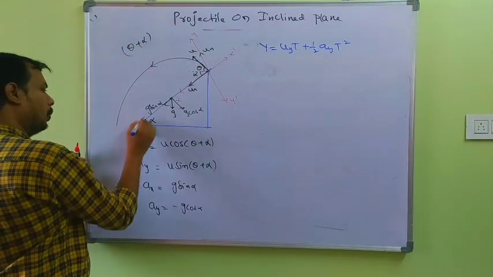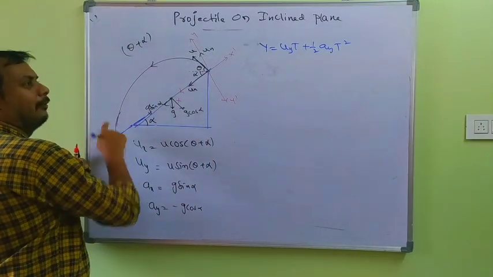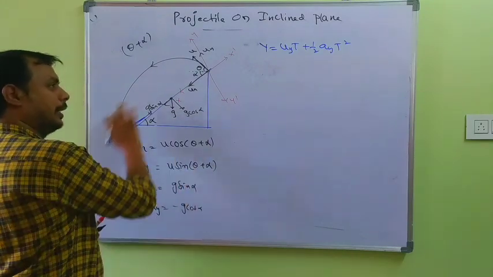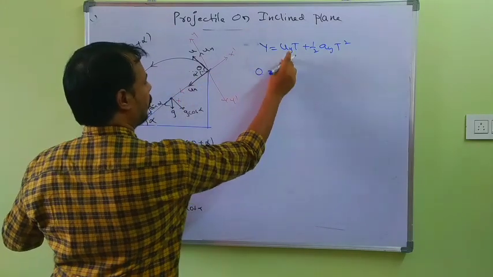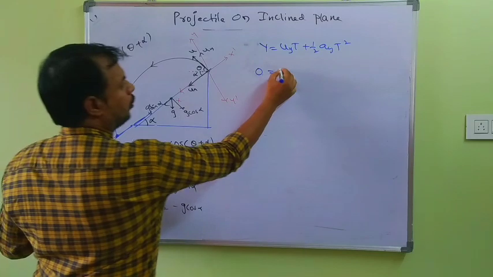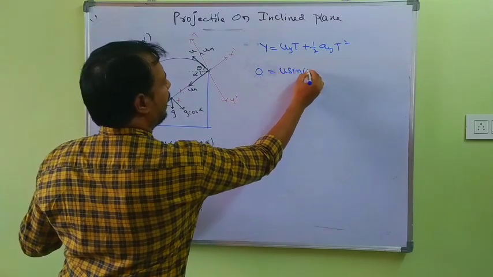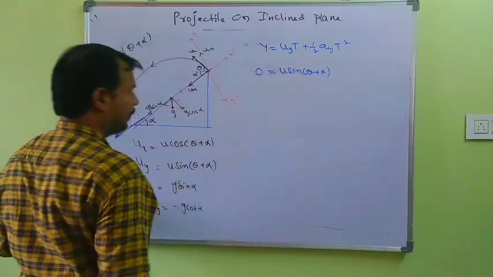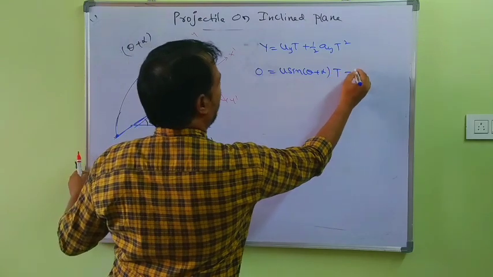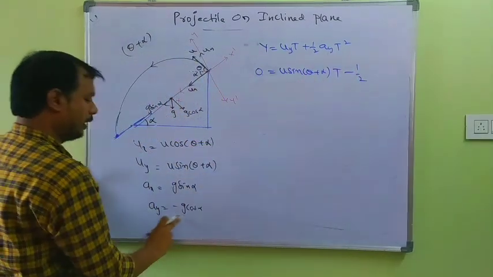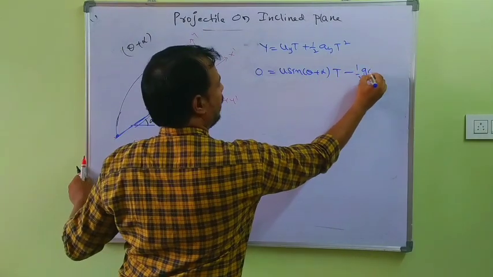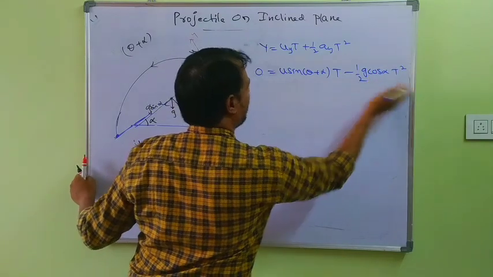For time of flight, applying the same equation, y is equal to uy t plus half ay t square. When it reaches the x-axis, the y coordinate is 0. So 0 equals u sin (theta plus alpha) into t, minus half g cos alpha into t square.